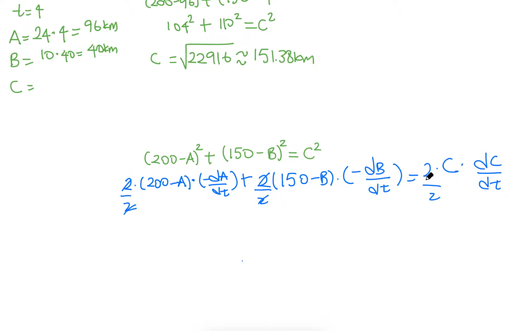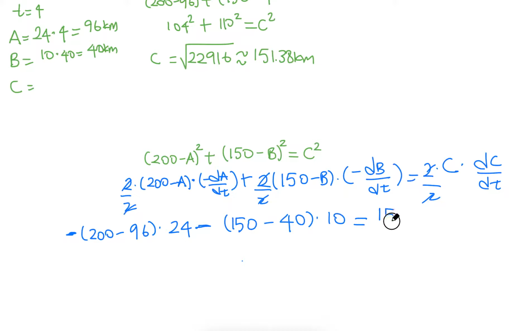So let's go ahead and plug in A, B, and C values. So 200 minus 96, and I'll pull that negative sign here, times dA over dt, which is 24. Again, I'll pull the negative sign over here, minus 150 minus 40 times dB over dt, that's 10, equals C, 151.38 times dC over dt.